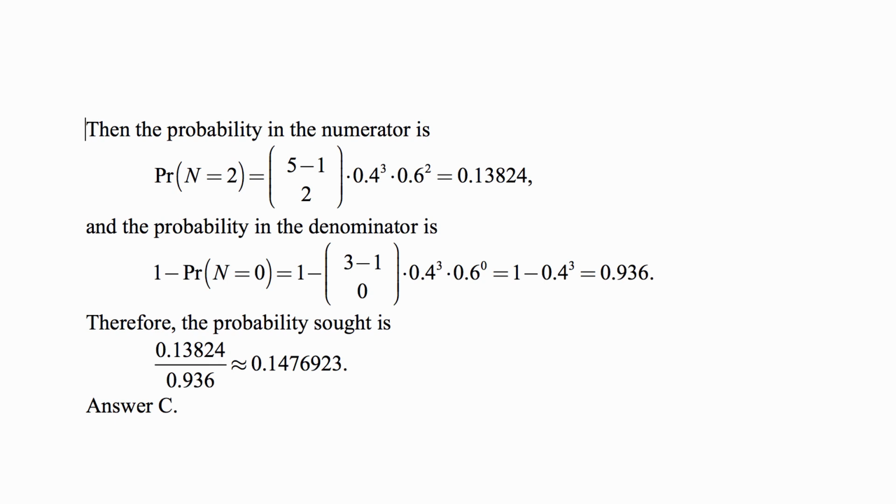And that's 3 minus 1 choose 0, multiplied by 0.4 cubed, because 3 successes, times 0.6 to the 0, because 0 failures. And this 3 minus 1 choose 0 is the number of ways to pick 0 failures among the first 2 trials. Of course, there's only one way to do this. So this ends up being 1 minus 0.4 cubed, and that's 0.936.